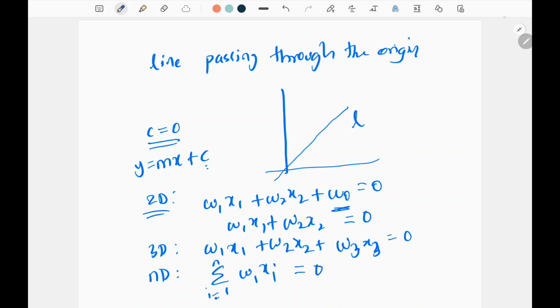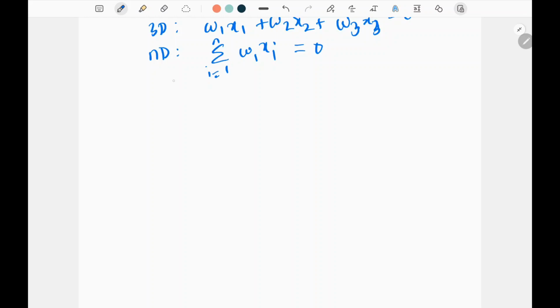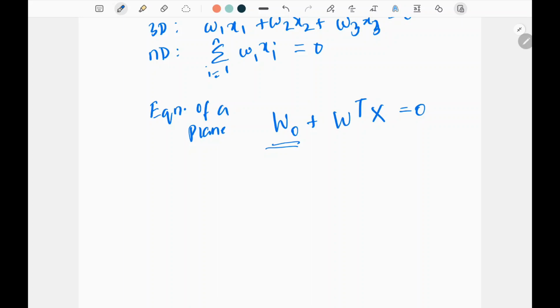As simple as that. So for the vector representation, we have seen the equation of a plane, which is nothing but W0 plus W transpose X is equal to 0. So when the line passes through the origin, your intercept is 0 here as well. This is what you end up having at the end. Okay.